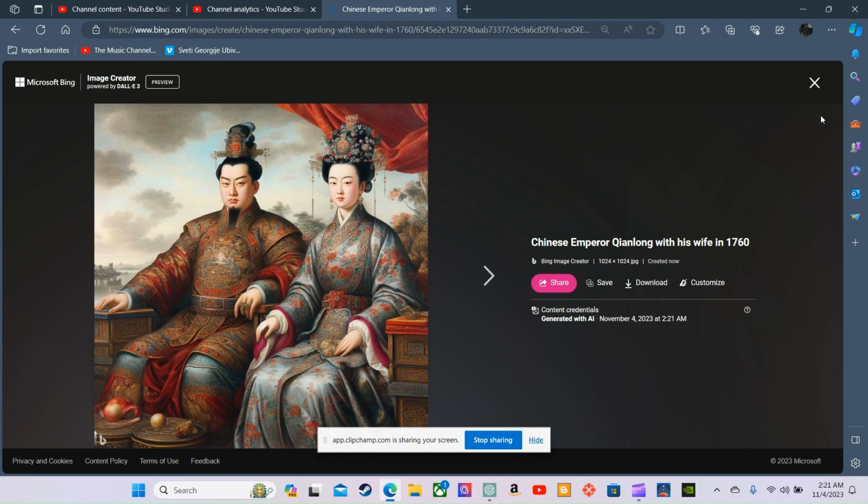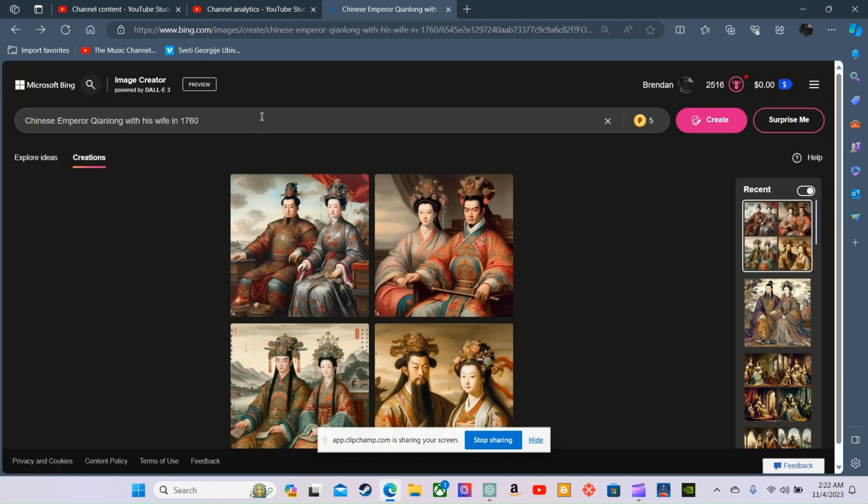And I find it quite confusing why the AI is not able to recognize the Chinese Emperor Qianlong. There's a representation of Qianlong, the great painting that was done, and yet it cannot recognize that. So I don't know. You clearly can see that this tool is a mixed bag.